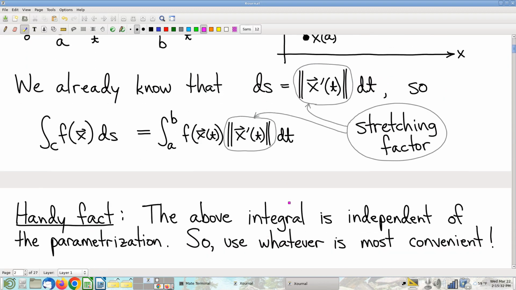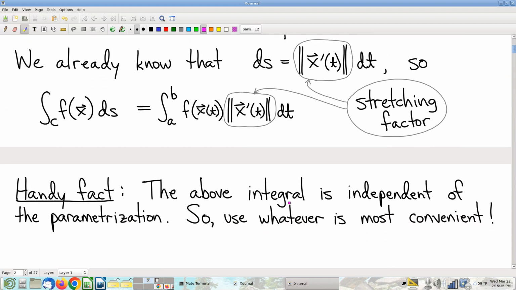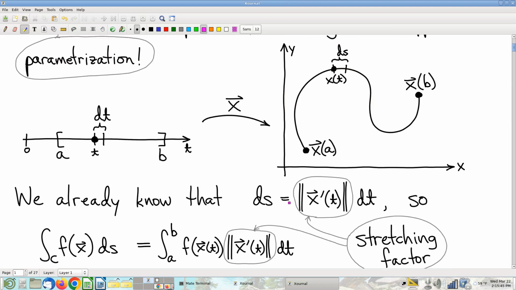Real quick, very possibly you're not going to have been concerned about the issue that this will resolve. But I suppose we could have been concerned. Hey, what if you use one parameterization and somebody else uses a different parameterization? You would get different pullback integrals.